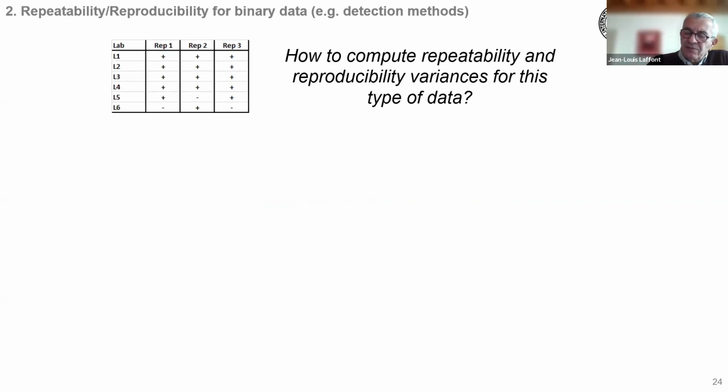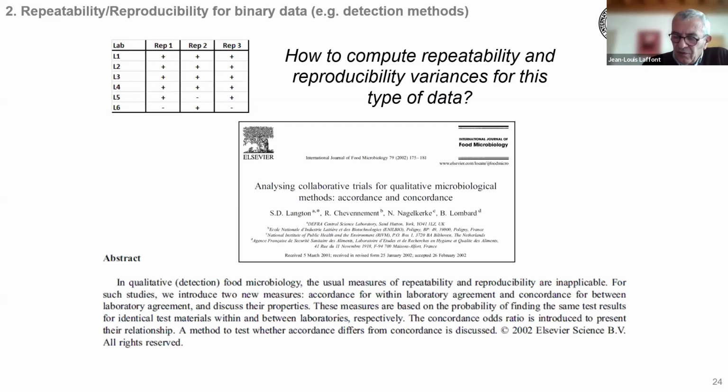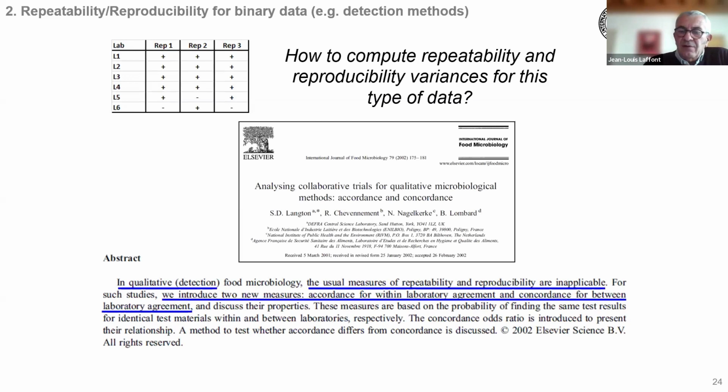We cannot use the mixed model technology for this type of data. So what to do? There is a key paper from Langton and Hall from 2002, which says that the usual measures of repeatability and reproducibility are inapplicable.